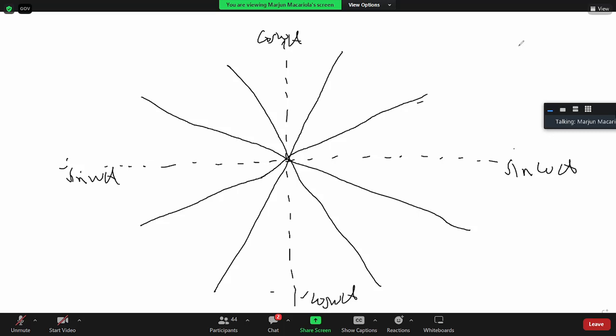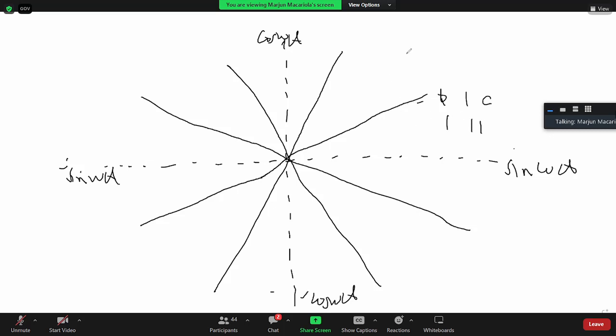Then, ilalagay nyo din isa-isa yung QIC. Nung QIC natin ay positive 22.5, check nyo lang yung truth table, this 111.